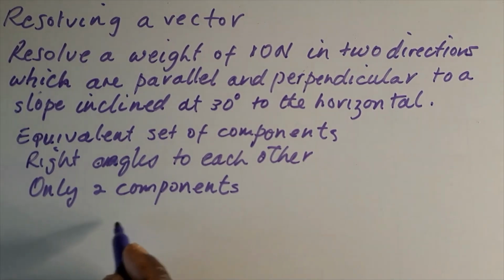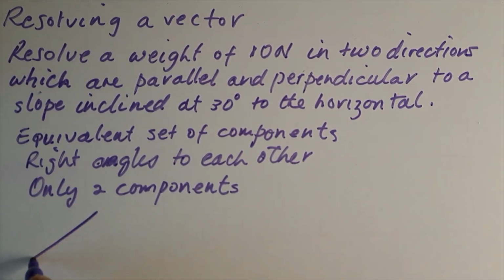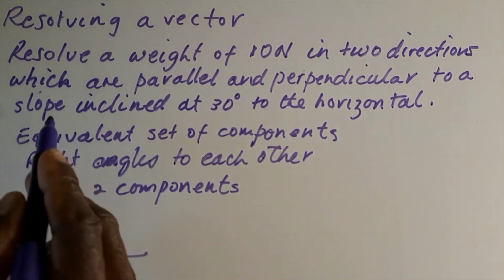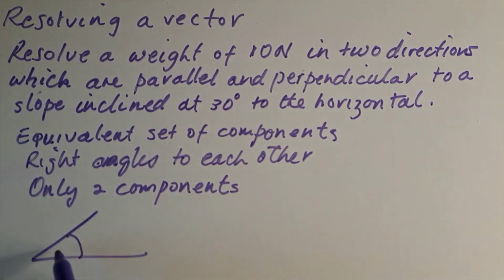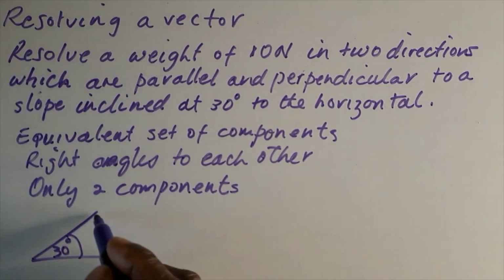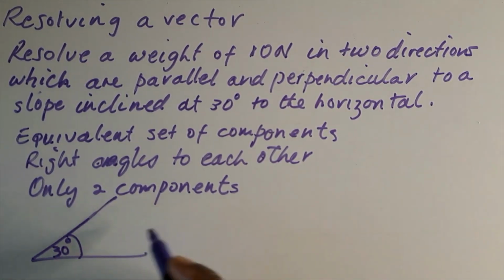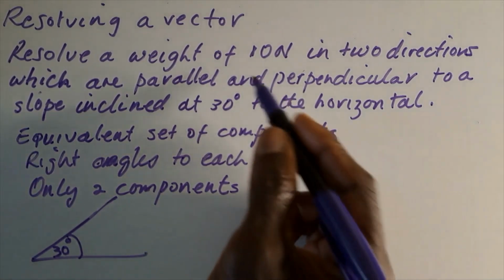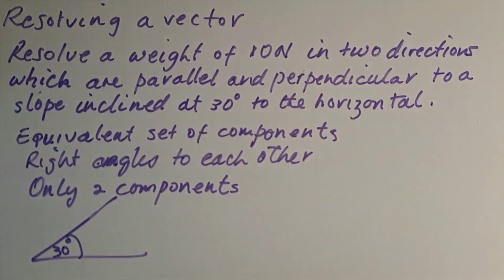Now, very important is that we draw a sketch. And this is what our sketch looks like. So we have the slope inclined at 30 degrees, and we have a weight of 10 newtons.